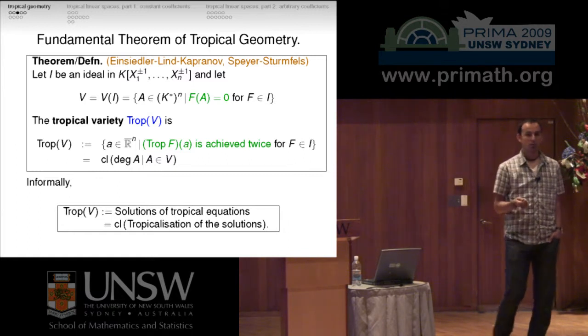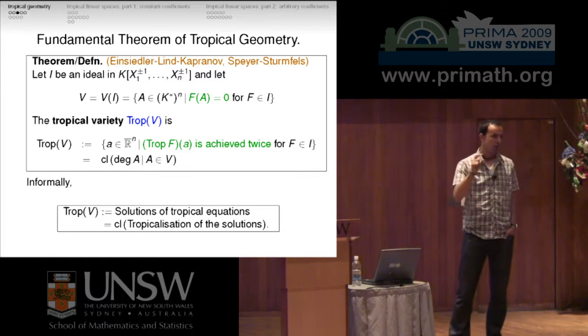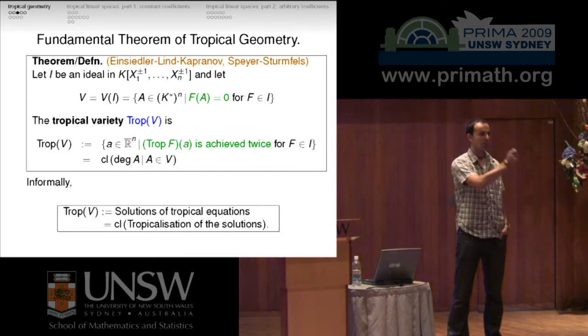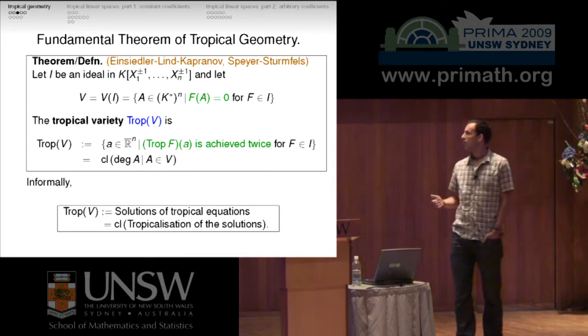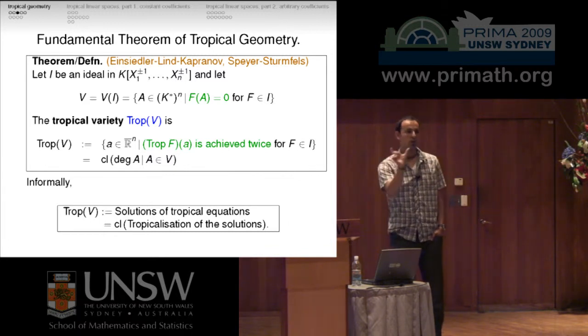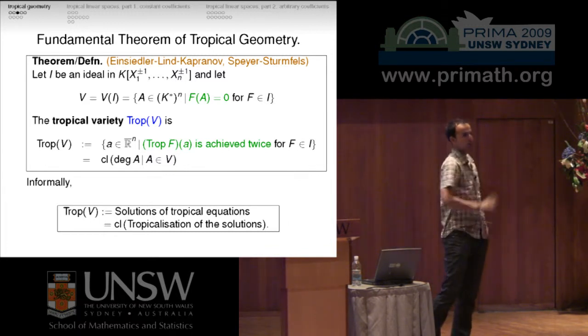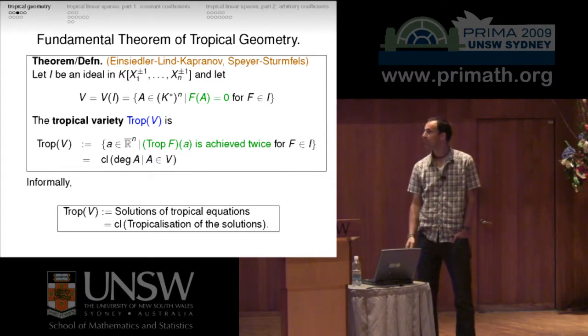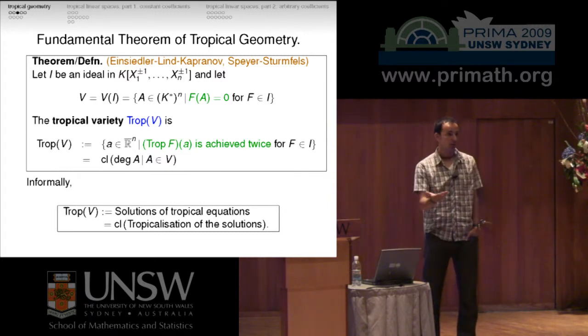the tropical polynomial is achieved twice. Remember that a tropical polynomial is going to be a minimum of a bunch of things. And so that condition basically says that a minimum of a certain number of terms has to be achieved at least twice. So that's one thing you could do, tropicalize the equations.